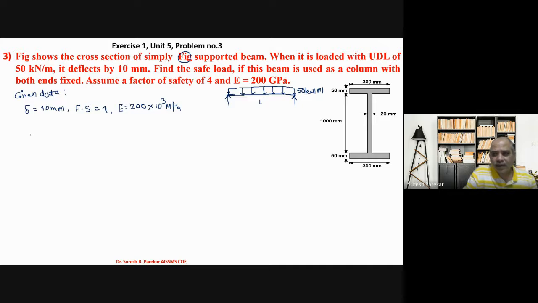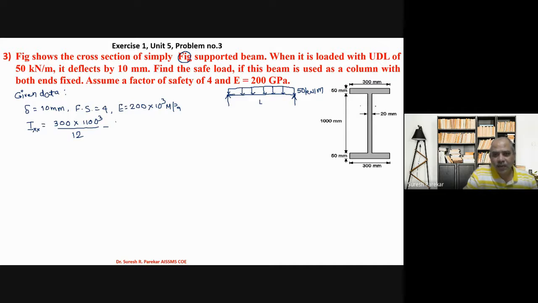Now if we calculate Ixx of this, then we have Ixx equal to 300 into 1100 cube by 12. So we are going to consider a whole rectangle first. This is 300 and this is 1100 cube by 12. We will subtract these two parts from this.